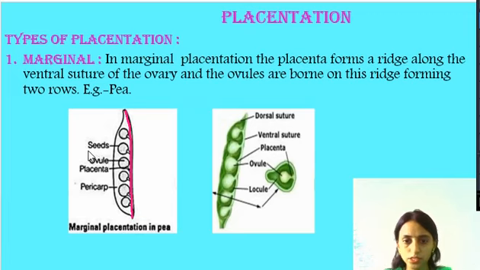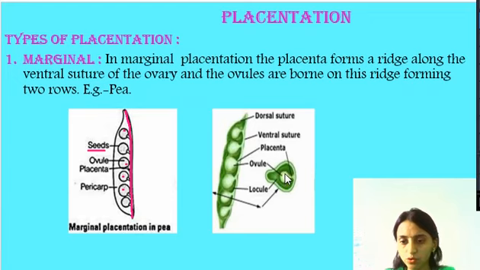Here they have mentioned it as a seed because after fertilization these ovules will develop into seeds. So these are ovules. And this is pericarp. Here this is the transverse section of the carpel of pea plant.